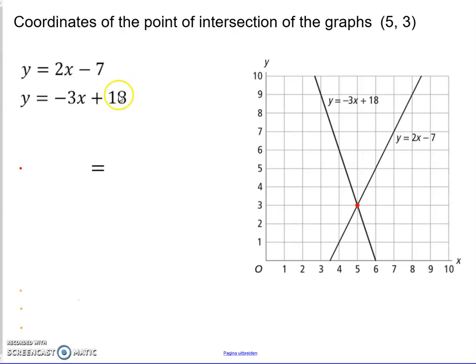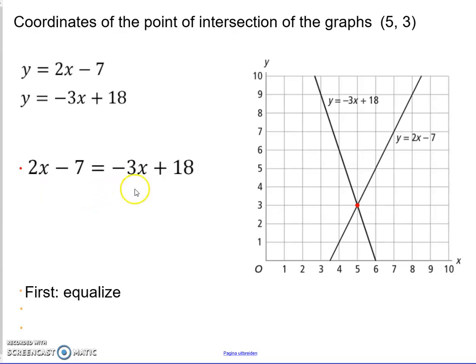Last time I told you already, step 1, we're going to equalize. Both graphs are really different, except for the point of intersection. At this point, they are equal. So that's why we could write down 2x minus 7 must be equal to minus 3x plus 18.